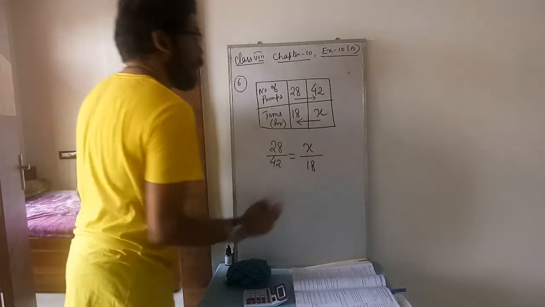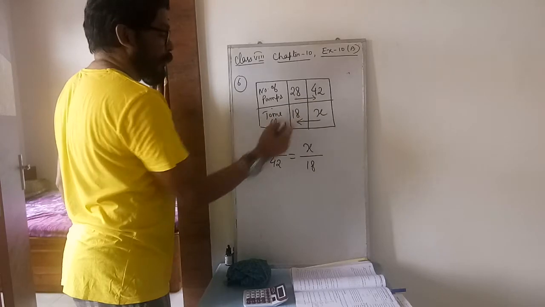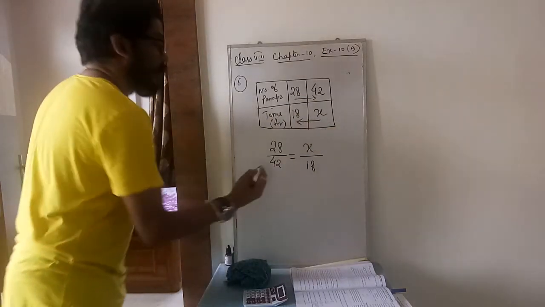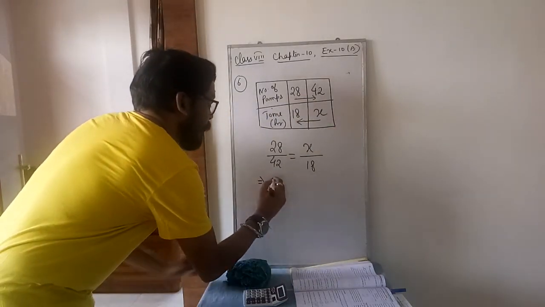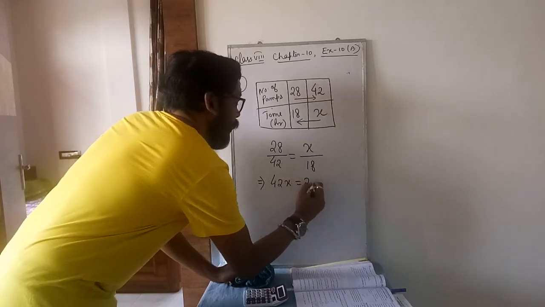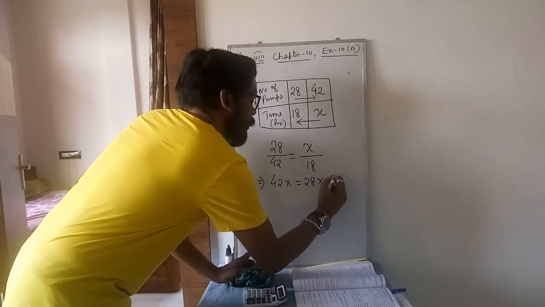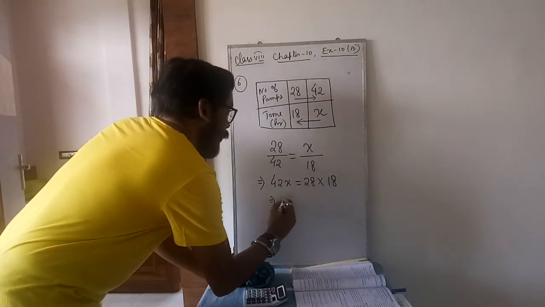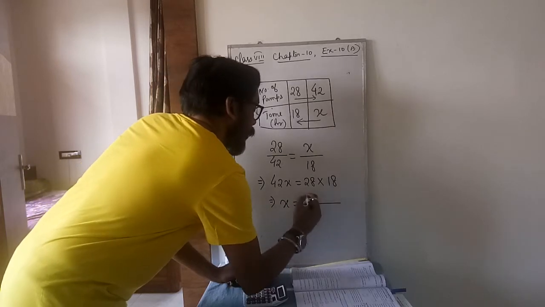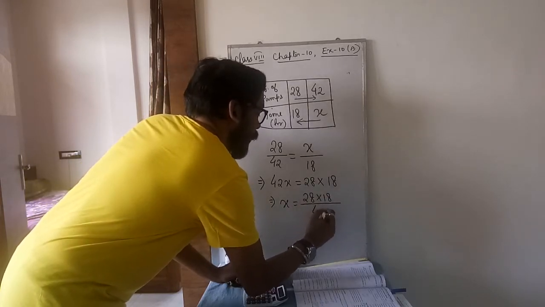Arrow sign will help you. Now you can cross multiply it, 42x equals 28 into 18. So x equals 28 into 18 by 42.